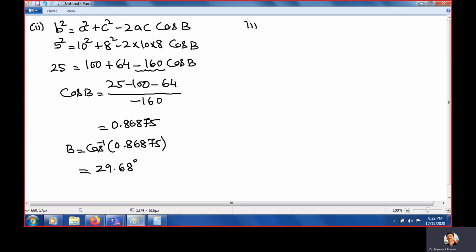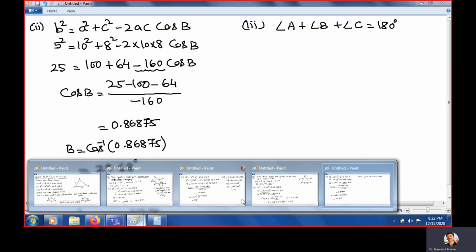Now, to find the third angle, we will use the property that the sum of the three angles of a triangle is equal to 180 degrees. So what is the value of angle A?